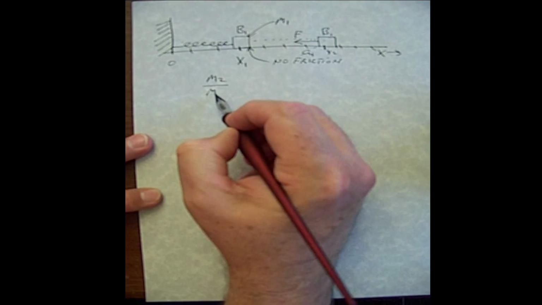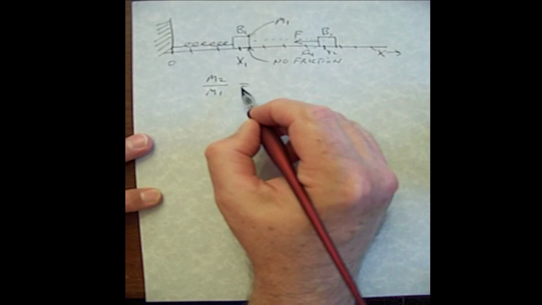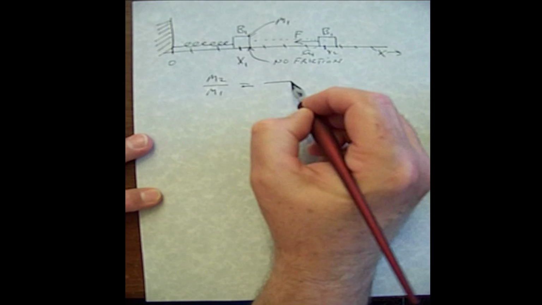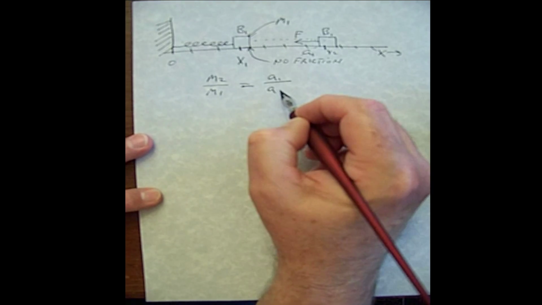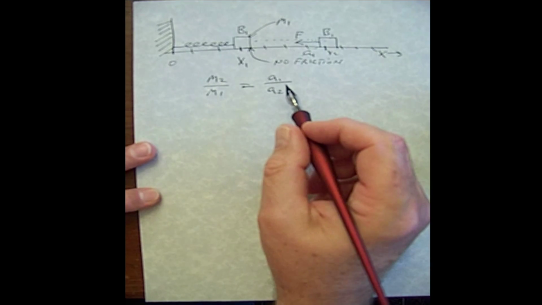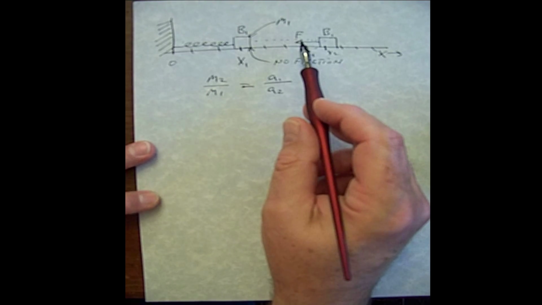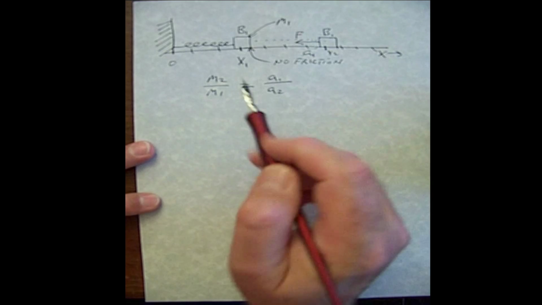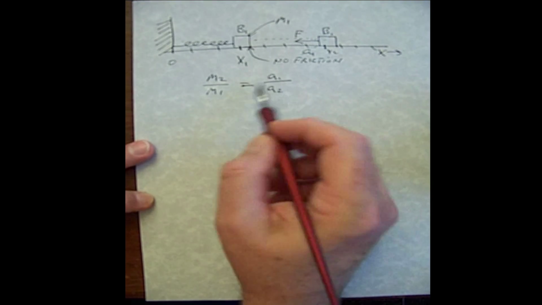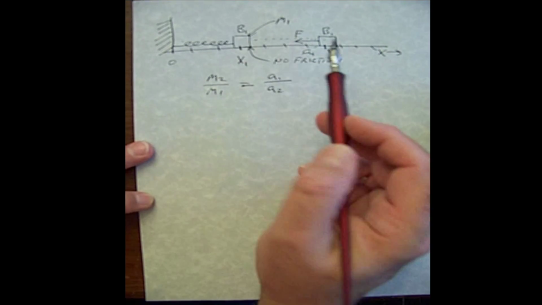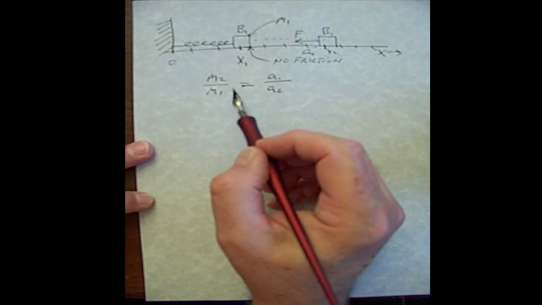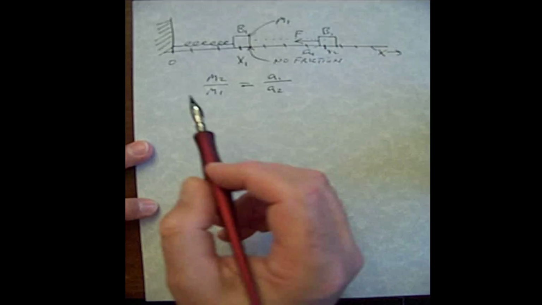the ratio of the masses of any two bodies equals the inverse ratio of the accelerations of those two bodies when each body is subjected to the same force. You can do this with as many different bodies as you want. As long as you apply the same force, this relationship will always hold.